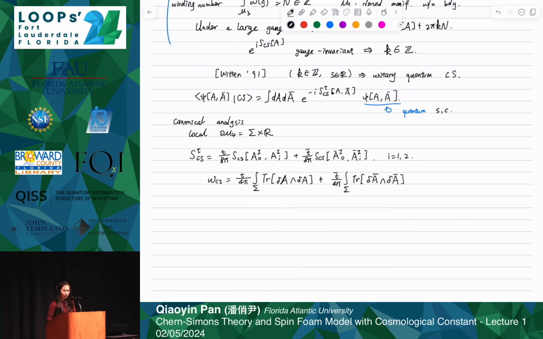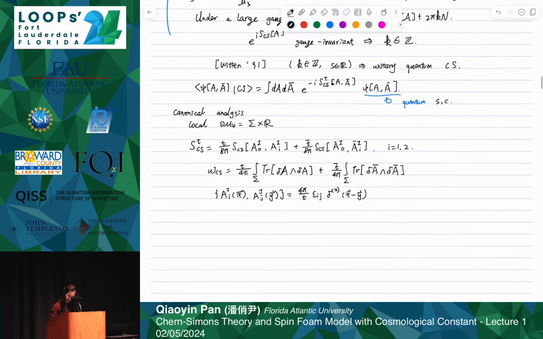And with the symplectic form, we can derive the Poisson bracket. Eventually, I get the Poisson bracket for the A field in this way, equals 4 pi over T, epsilon ij, and the 2-dimensional delta.